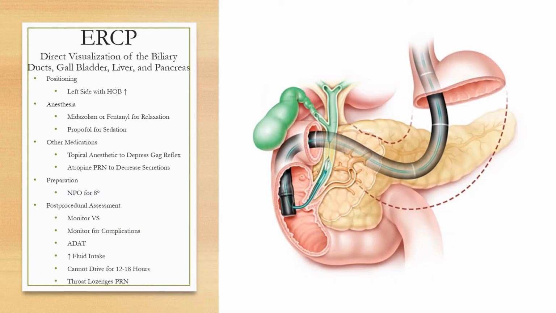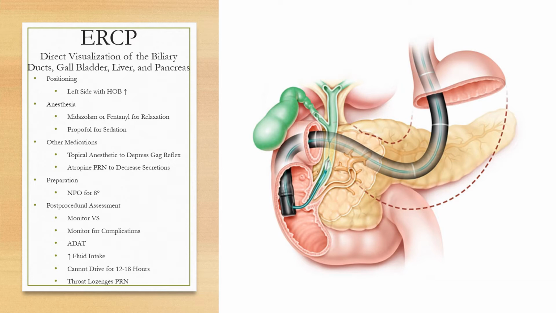Okay, so here's an ERCP, an endoscopic retrograde cholangiopancreatography. It's a scope that starts in the mouth, traverses the esophagus and stomach into the duodenum, and at the sphincter of Oddi, it can spray dye into the biliary system, so the biliary ducts, and the pancreatic system.